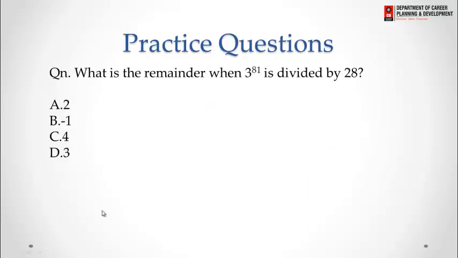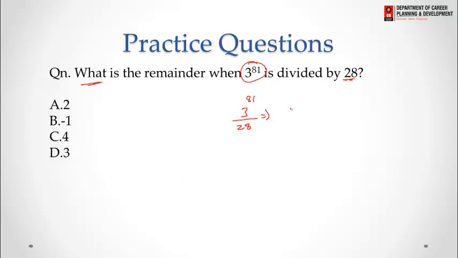Now the next question is again a very important question. What is the remainder when 3 power 81 is divided by 28? Now how to solve this expression? If I simply say 3 power 3 by 28, the remainder is 27, but 3 power 81 is somewhat difficult for us.